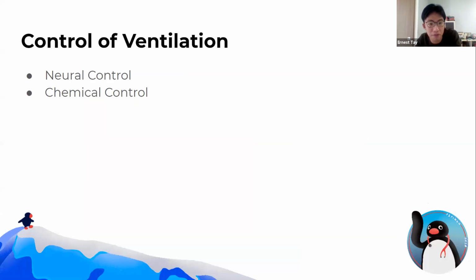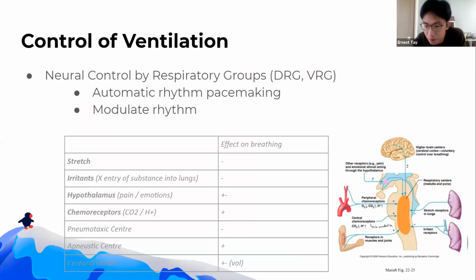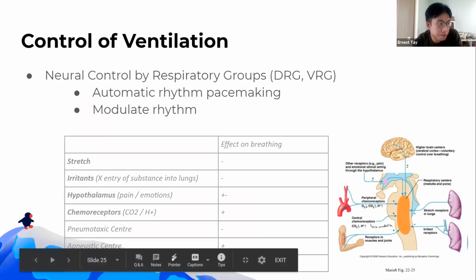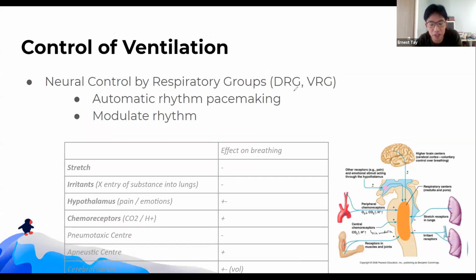Okay, and the last thing for ventilation is called control of ventilation. So there are two ways that your body controls ventilation. You have a neural control and chemical control. Neural control is essentially automatic rhythm pacemaking. It is controlled by your respiratory groups. I didn't really bother memorizing the DRG or the VRG, and it has never come out before, so low yield.